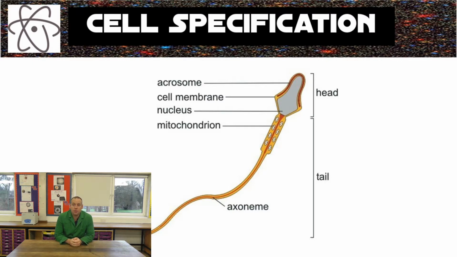The second thing you can see is inside, near the base of the tail, you can see it's got these little things called mitochondria. Now the mitochondria, if you recall, are the parts of the cell that do respiration. They give the cell its energy. And if I look at the base of this, I can see more mitochondria than I'd see in most usual cells.